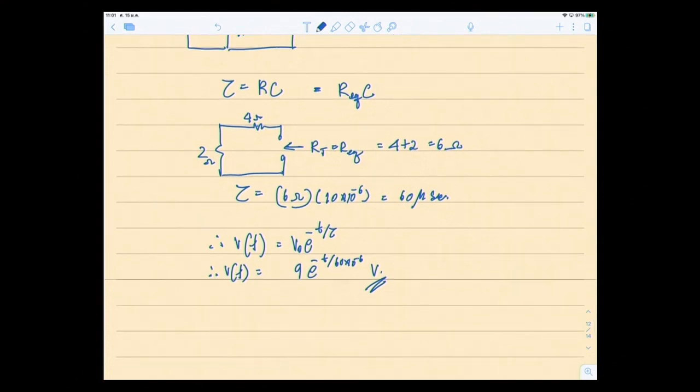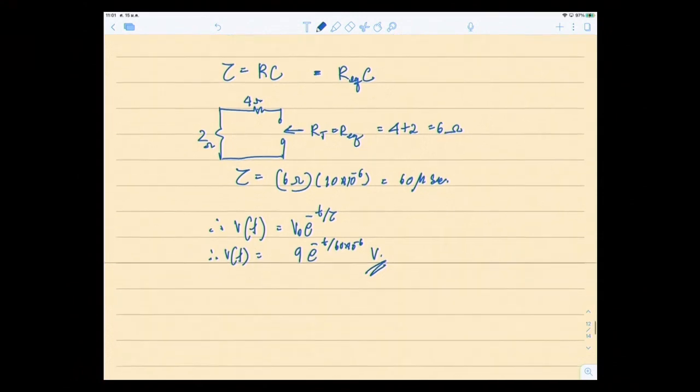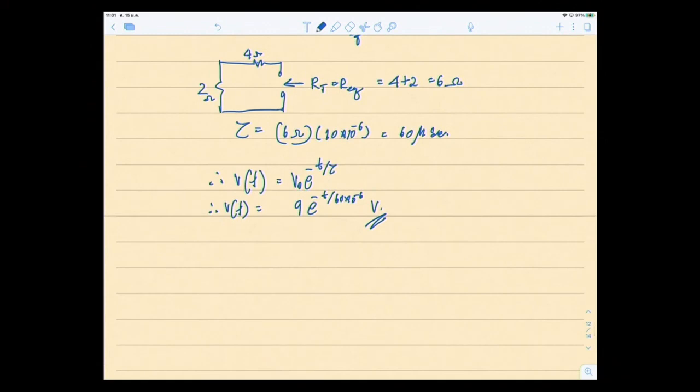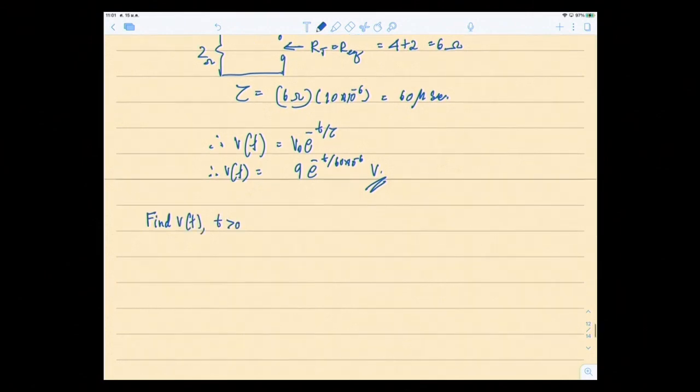Okay, so this is another example. I'm going to do one last example for this section. The last example: find V of t for t greater than 0.